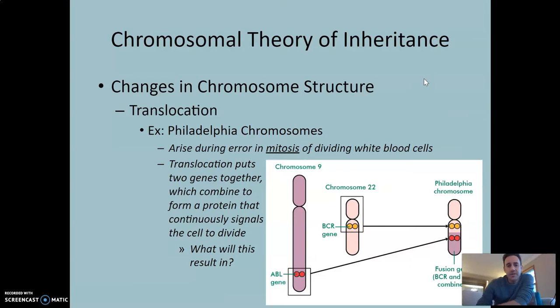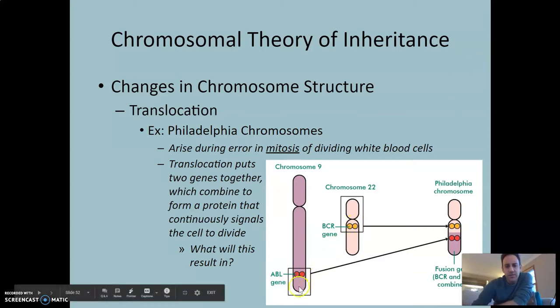Another example is what's called a Philadelphia chromosome. These actually arise during an error in mitosis of dividing white blood cells. And in this particular translocation, there's this little mistake where this gene kind of gets translocated over here for whatever reason.